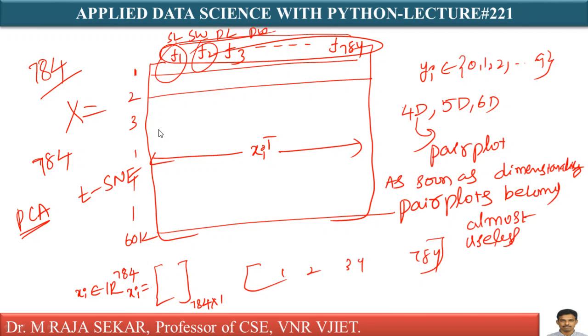What is training and what is testing, I will explain. Each image is represented as a column vector, and if I say x_i transpose, you will get a row vector. Each pixel value is a feature. There are 784 pixels for each image. Therefore, each pixel is treated as a feature. There are 784 features and 60,000 points.